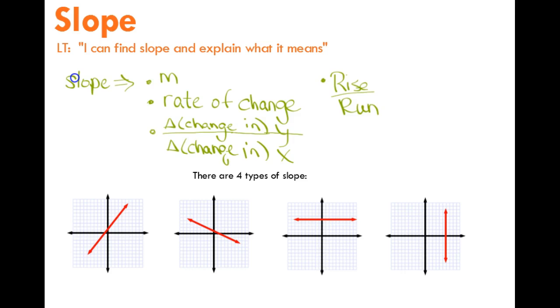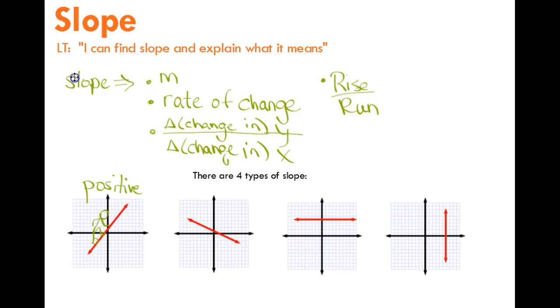Alright, so at the bottom you notice there's 4 graphs here, and each one of these lines has a different kind of slope. The first 2 is what you'll see most of the time. So the first one, in general, is a positive slope. If you imagine someone trying to climb this, they're really struggling. They're putting a lot of energy, positive energy, into getting up that hill.